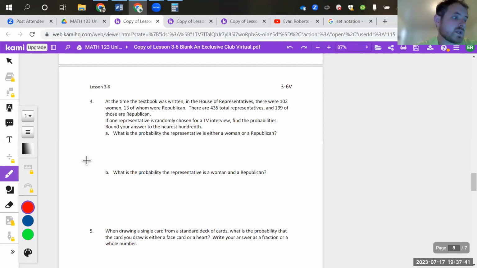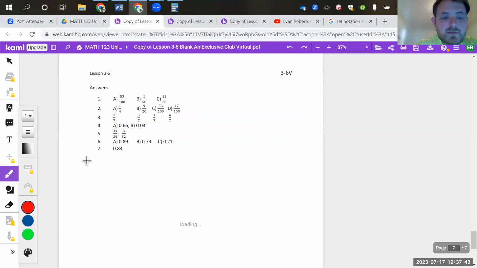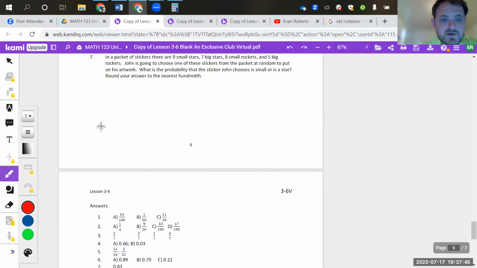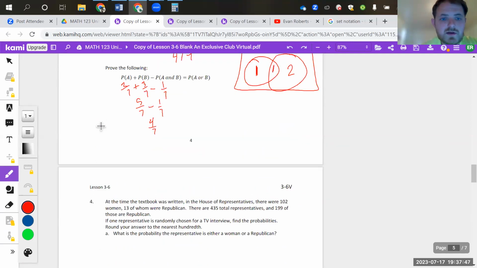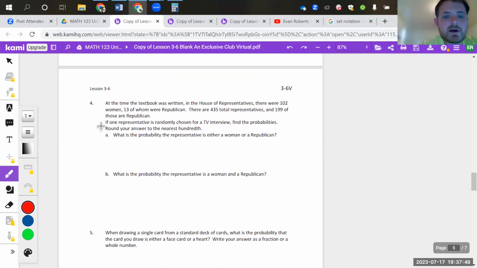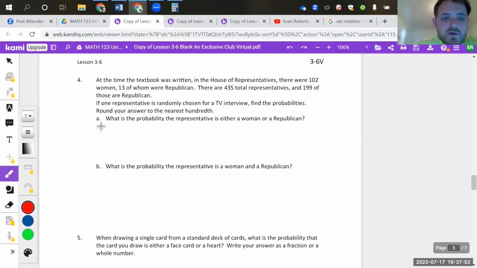So we would want to do the probability that someone is a woman or Republican. And I'm going to trust that formula over there.